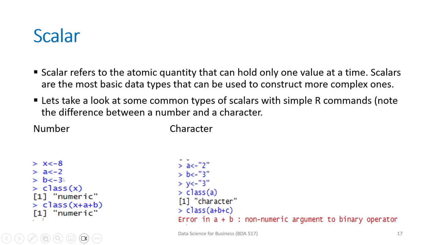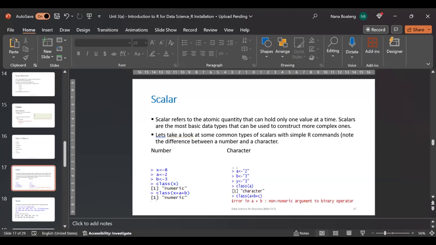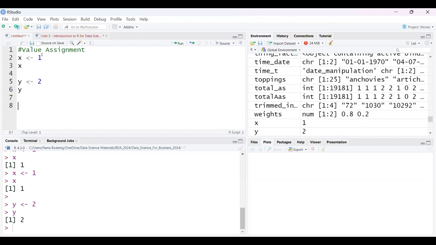So let's see how we can do some of this. Let me go back to R. All these are scalar objects, the atomic quantities.